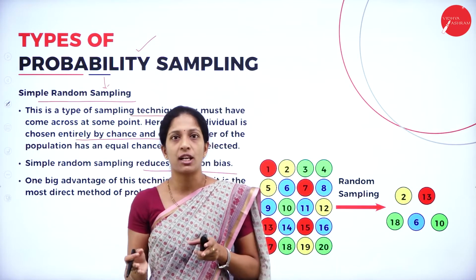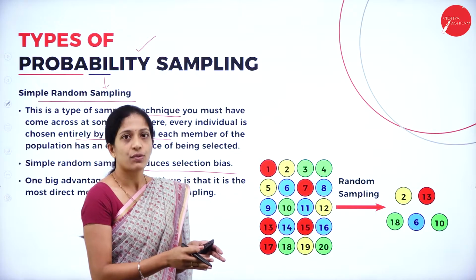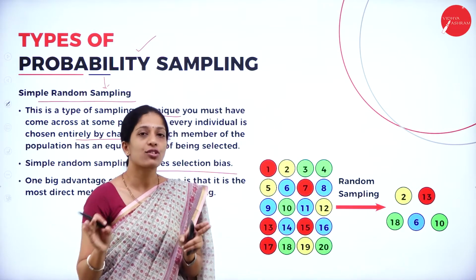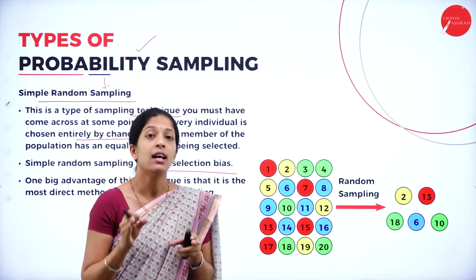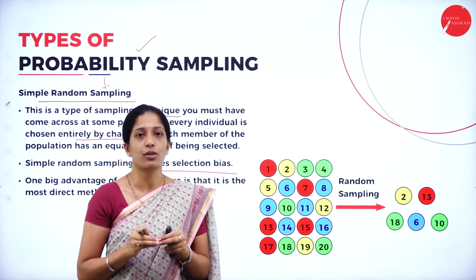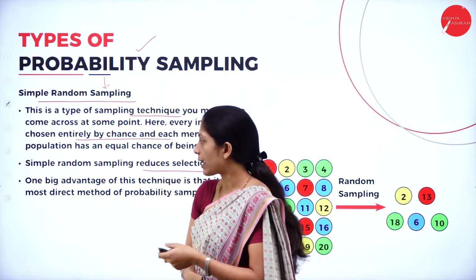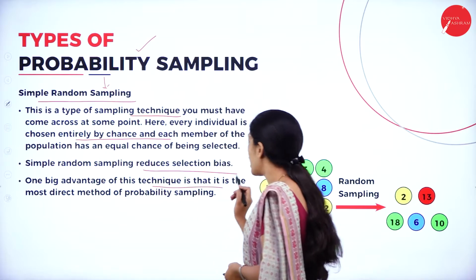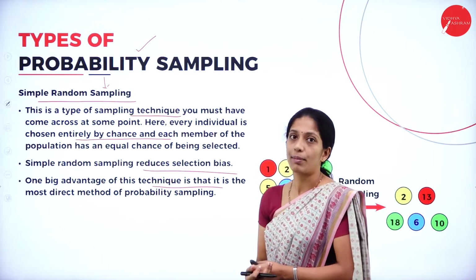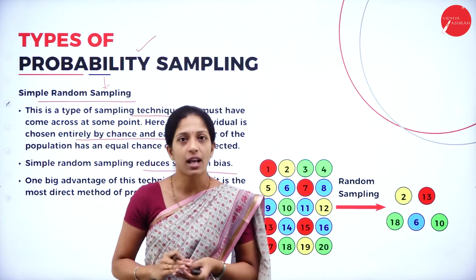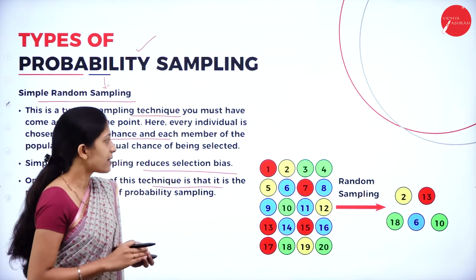There is no discrimination, that is, certain individuals not selected and certain individuals selected. So there is no bias in such a matter because each and every individual has an equal chance to be selected. So there is no selection bias. One big advantage of this technique is that it is the most direct method of probability sampling. So it is one of the most direct methods of probability sampling.